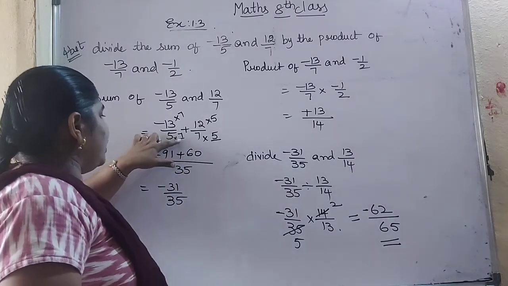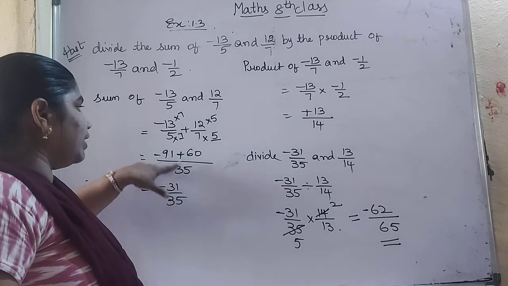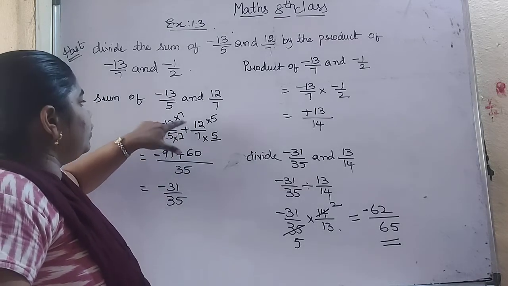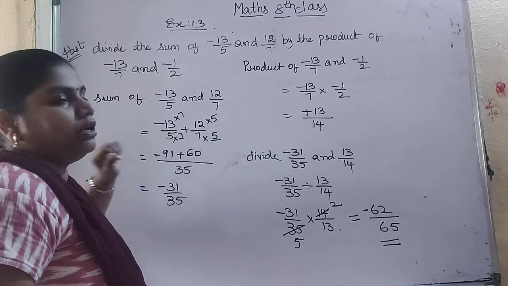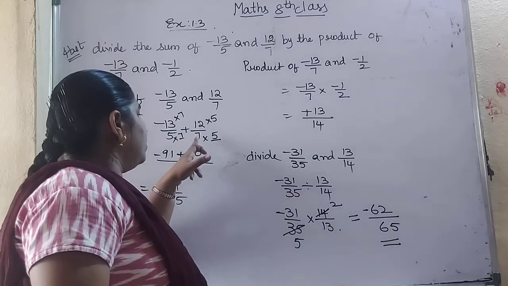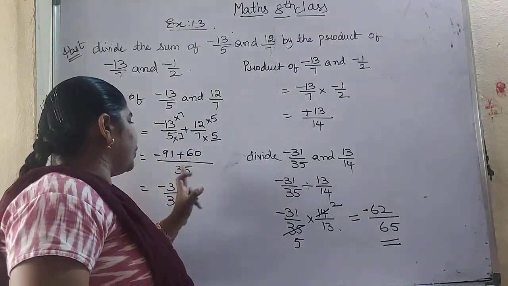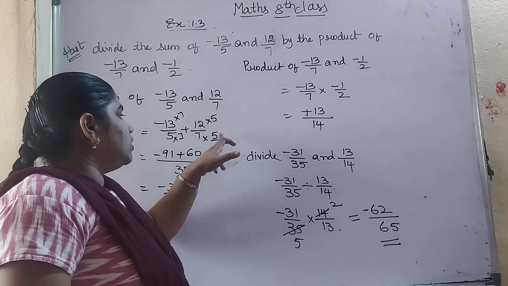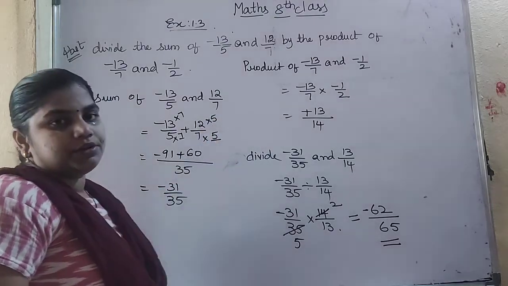For 5, you multiply by 7 in numerator and denominator. In the same way, for 7, you multiply by 5 in numerator and denominator.